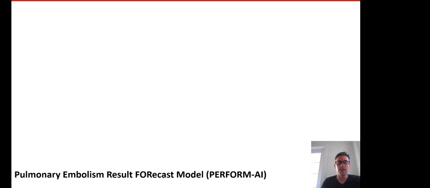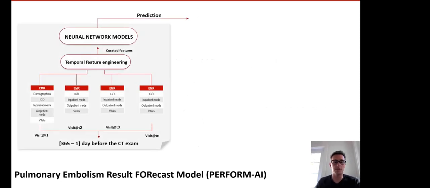So in other words, can we take all of that EHR data and use it as clinical context for a given patient and predict whether they likely have a pulmonary embolism or not? So we actually created a prediction model, again, based on patient timelines. So over time, what does their EHR data look like?